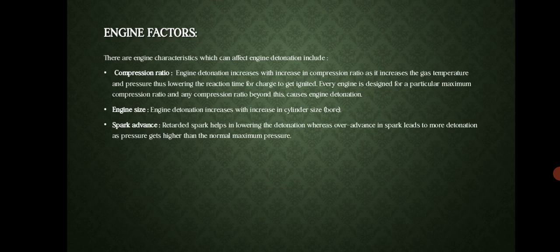Every engine is designed for a particular maximum compression ratio, and any compression ratio beyond this causes engine detonation. Engine size. Engine detonation increases with an increase in cylinder size, that is bore. Spark advance. Retarded spark helps in lowering the detonation, whereas over-advance in spark leads to more detonation as pressure gets higher than the normal maximum pressure.